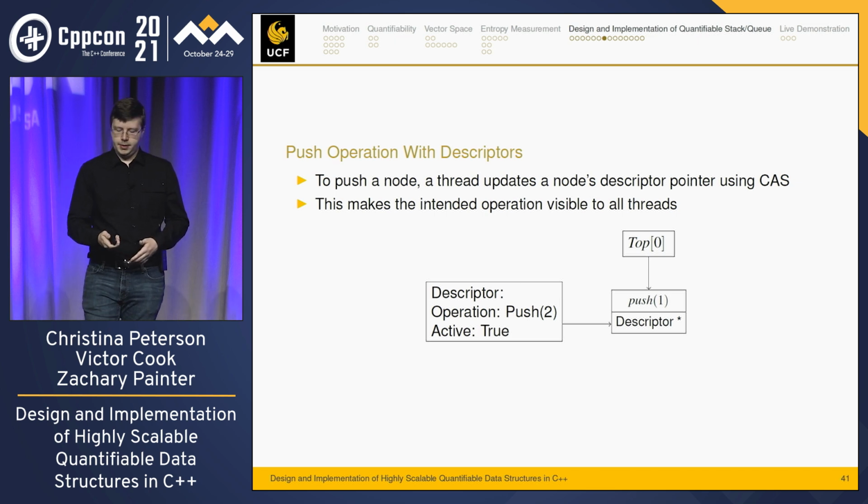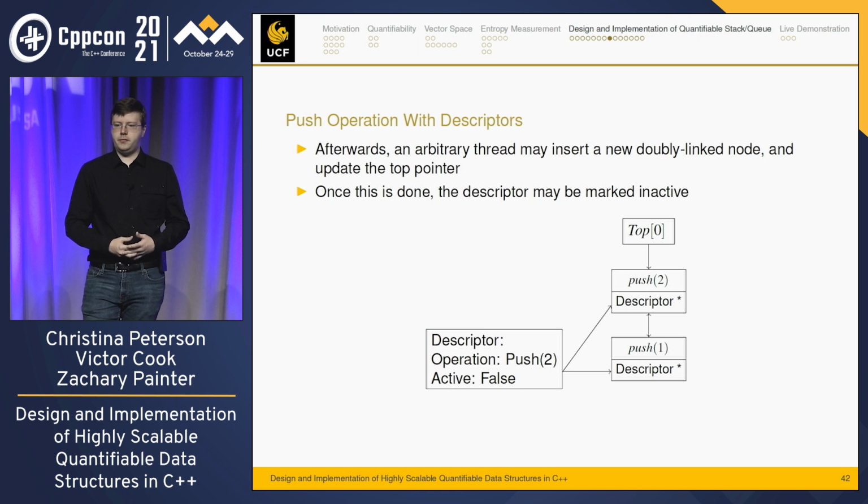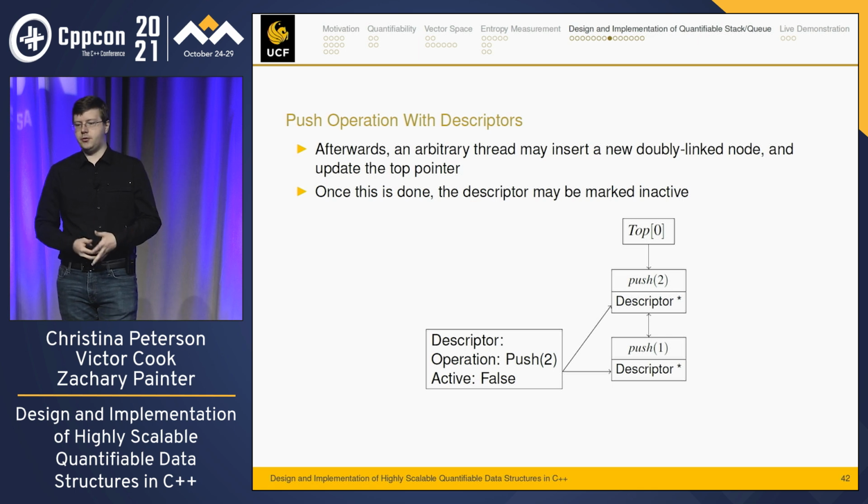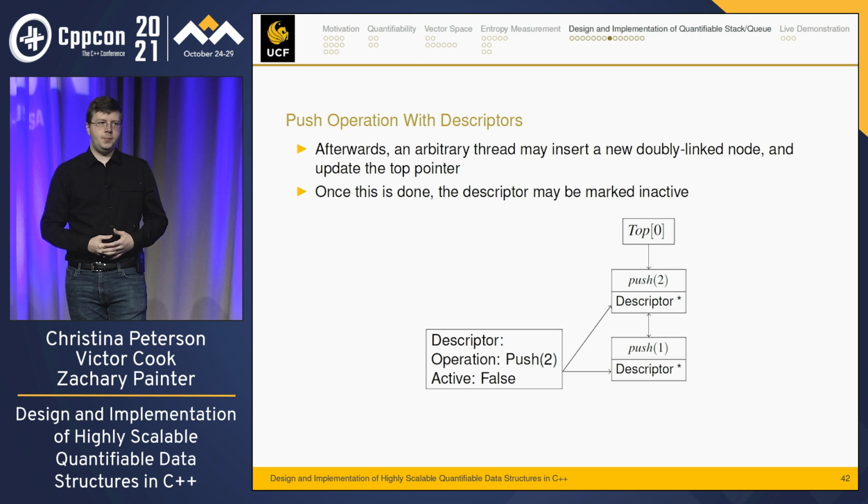At that point, any thread would complete the operation by creating the new node, linking it up, and updating the top pointer. The new node that it pushes would also have the descriptor already in there, because we want to make sure that none of these nodes are touched until the operation is truly complete. As long as the descriptors are in there, no other threads can perform concurrent operations at these nodes.